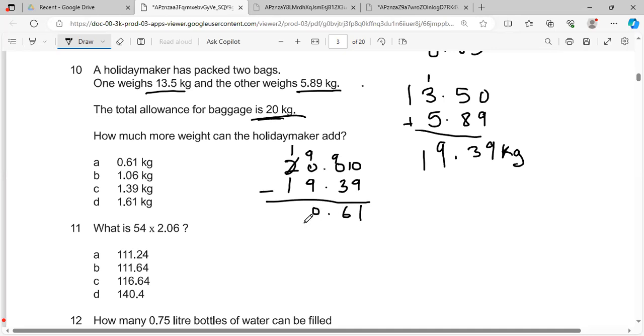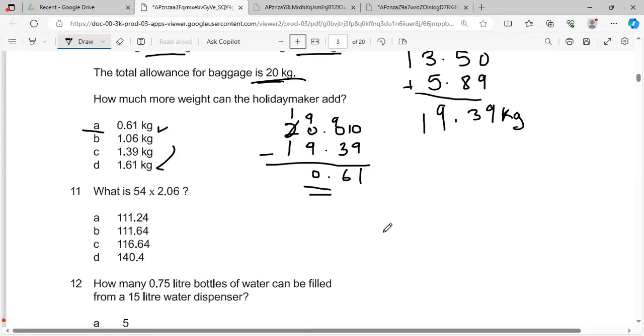So this would be 0.61. So I agree with the first person. Remember, we don't want it to be close, right? We want it to be correct. And this would be the exact number that we're looking for. Agree, guys? Yes, sir.